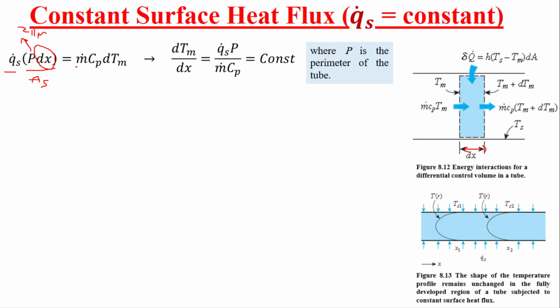Okay, m dot, the amount of flow rate entering, Cv multiplied by the change in the temperature of this portion. It enters with T mean and exits with T mean plus delta Tm.